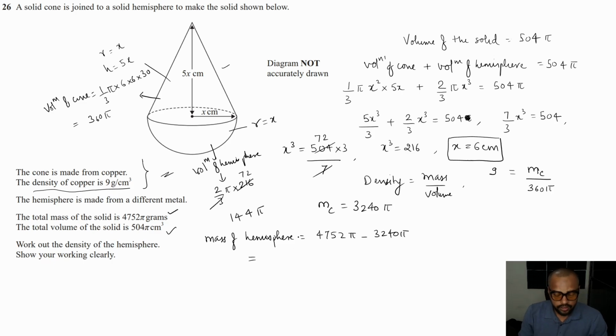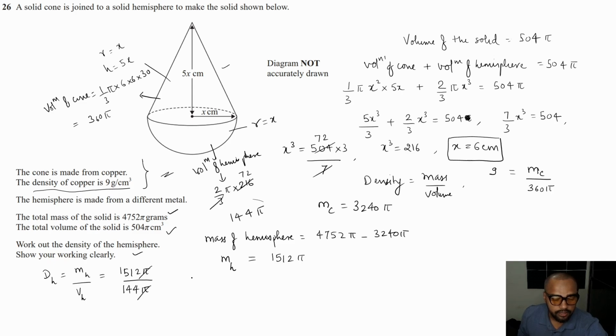So 4752 minus 3240 will be 1512 pi. This is the mass of the hemisphere, which I have represented by M subscript H. Now we need to calculate the density of the hemisphere. Density of the hemisphere will be equal to mass of the hemisphere upon volume of the hemisphere, that is 1512 pi upon 144 pi.